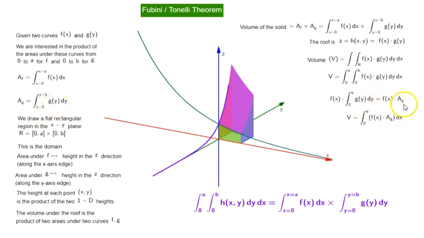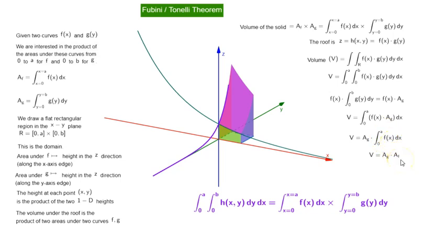We substitute this back into V. So V is equal to the integral from 0 to a of f of x times A sub g dx. Now that we have the area under g, that's a constant, so it comes out and we have V is equal to A sub g times the integral 0 to a of f of x dx, which means V is equal to A sub g times A sub f, the area under f.